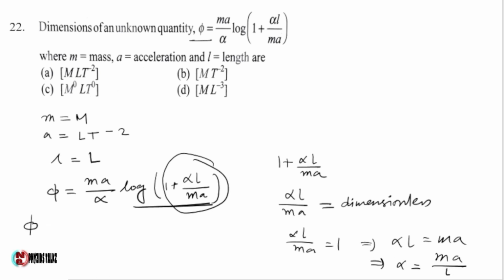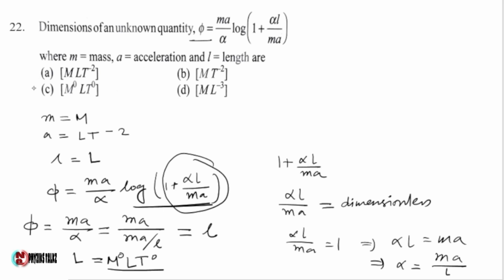Now the dimensional formula of phi is given as ma by alpha, which gives ma by ma upon l, this equals L. So phi has the dimensional formula L, which is written as M0 L T0. So the correct option is option C.